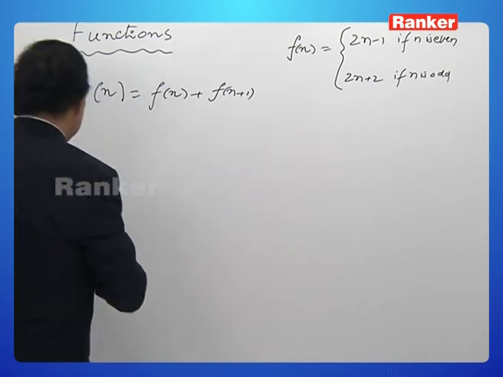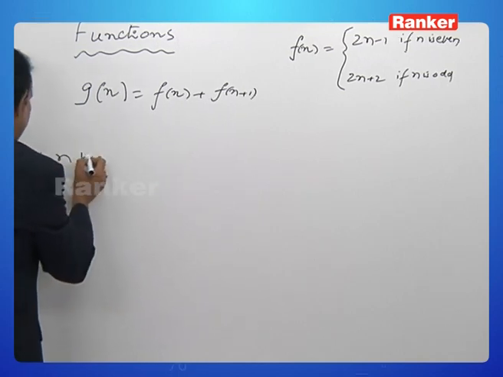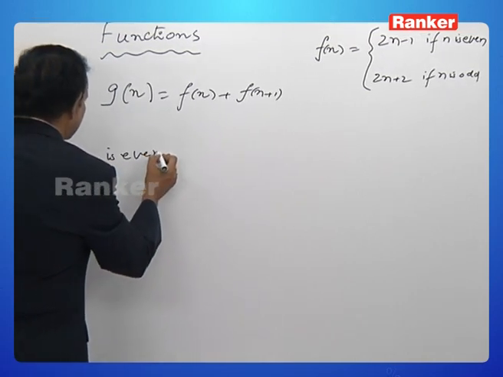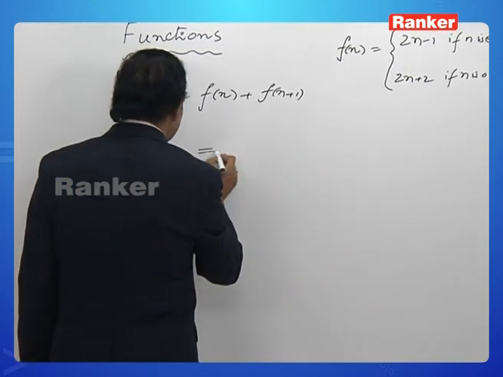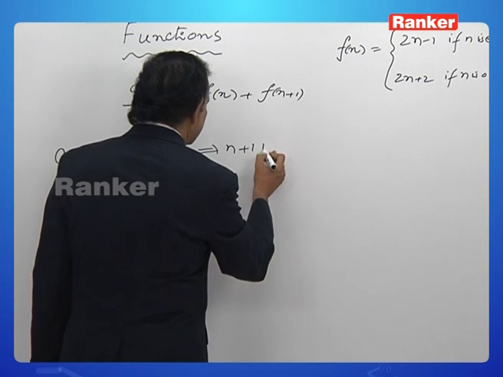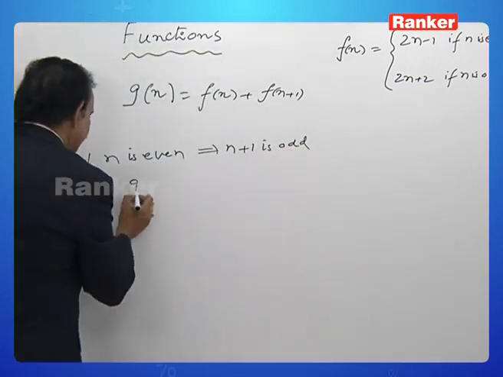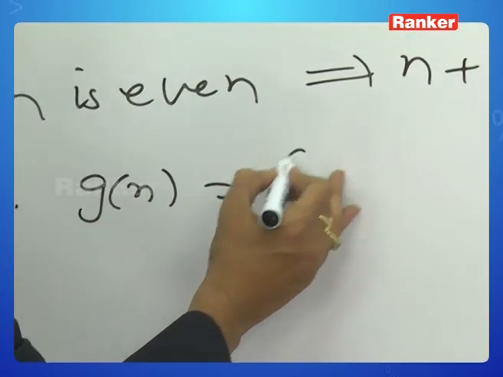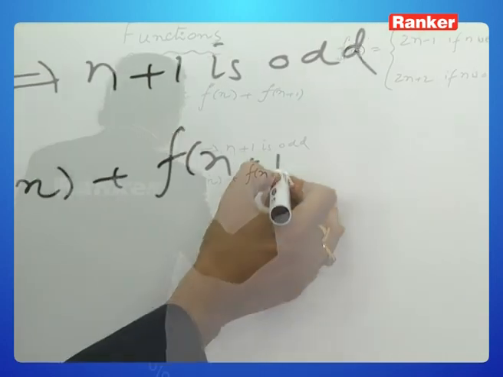By making use of that one, we are supposed to have the range of g of n. Yes, case 1. N is even. What happens to g of n in this case? If n is even, automatically n plus 1 is odd. Therefore, g of n in this case will be f of n plus f of n plus 1.